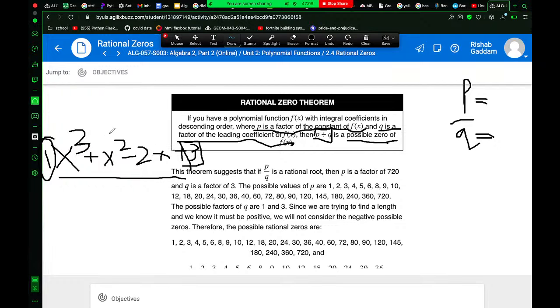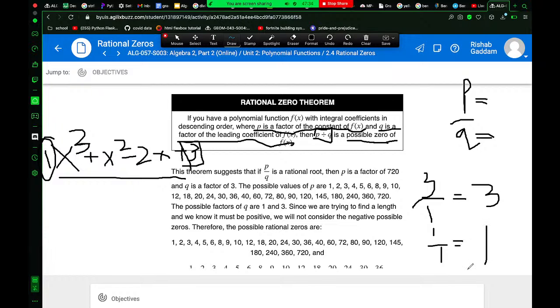So basically we know p is 3 or 1. You have 3 on top and q as 1. So 3 over 1 is equal to 3, and 1 over 1 is equal to 1.